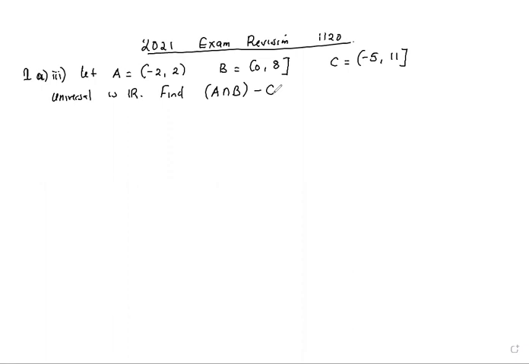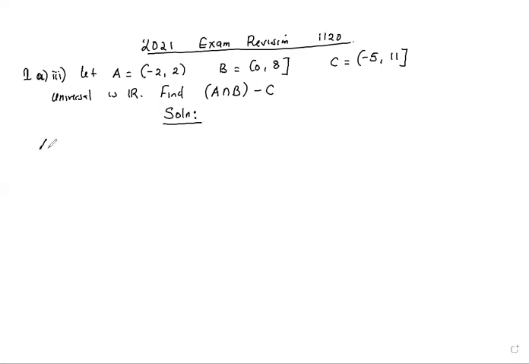So this is a question that troubles people the most. Sets. So we are given intervals as our sets, and we are told the answer must be in interval notation. Very easy. So first we find A intersection B.